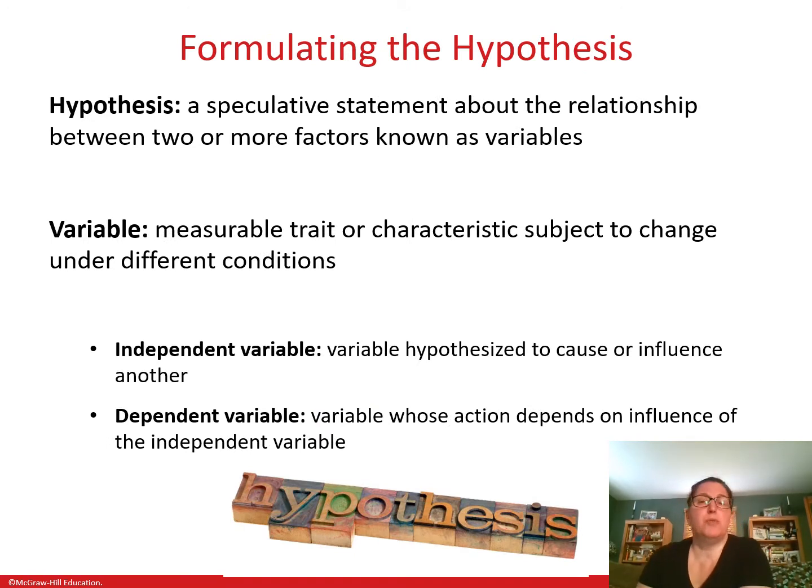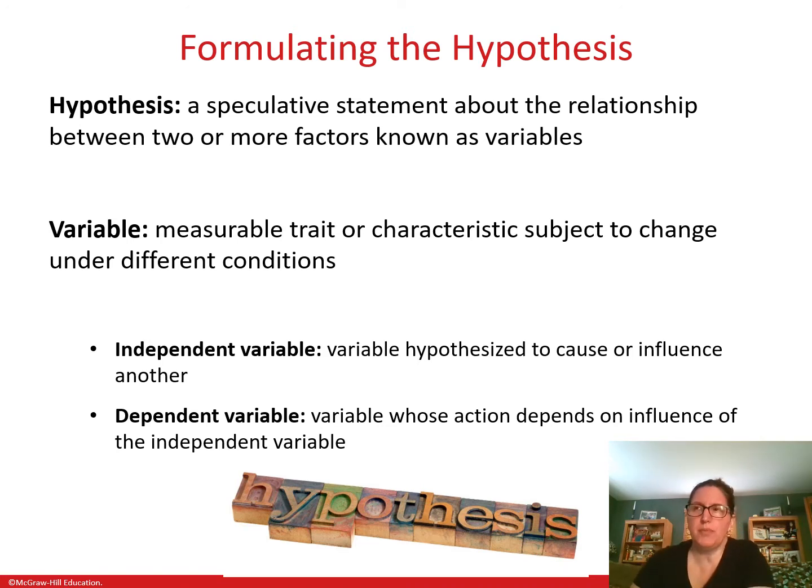The next step is formulating the hypothesis. For anyone who does scientific research, a hypothesis is a speculative statement about the relationship between two or more factors known as variables. This hypothesis needs to be a testable hypothesis. How will you prove or disprove your statement? Usually it is in the form of a statement, where you believe that one variable influences another.